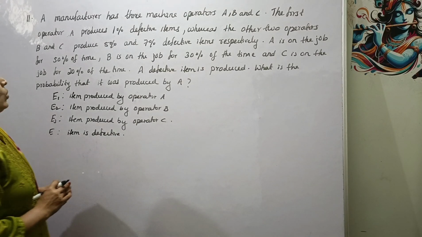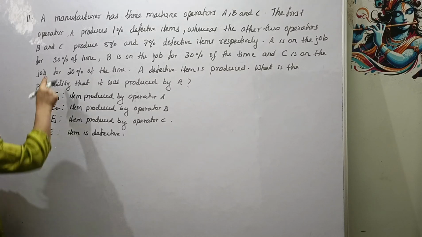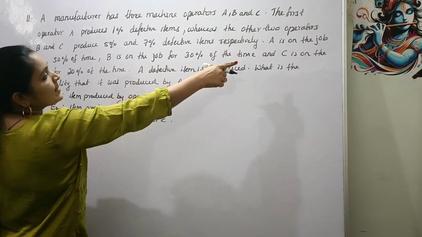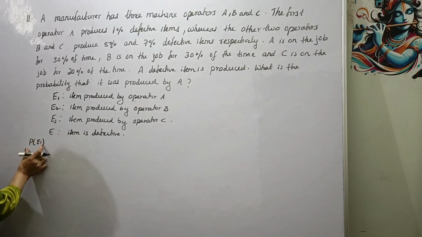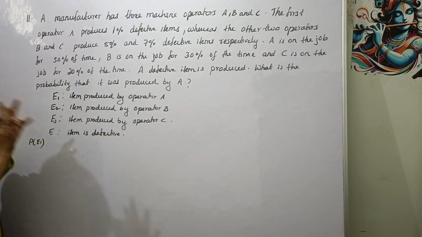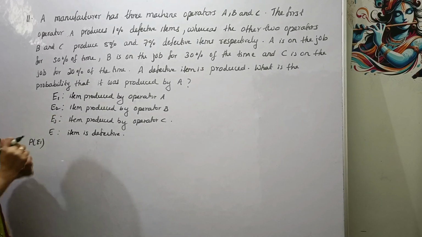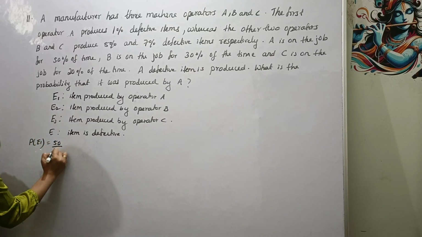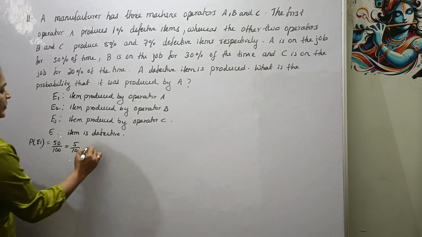Okay, now what is probability of E1? See, it is given that A is on the job for 50% of the time, right? So here probability of E1, that is probability of items produced by operator A is nothing but 50%. That is 50 divided by 100, is equal to 5 by 10.